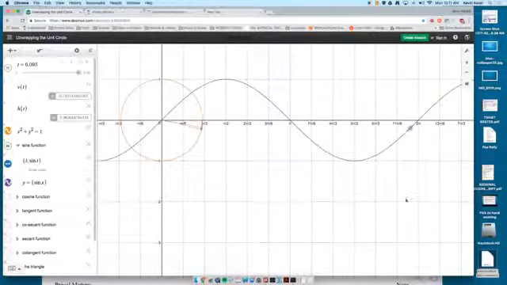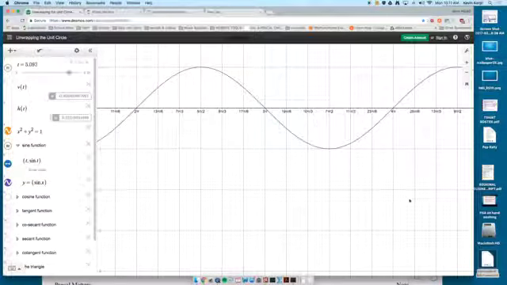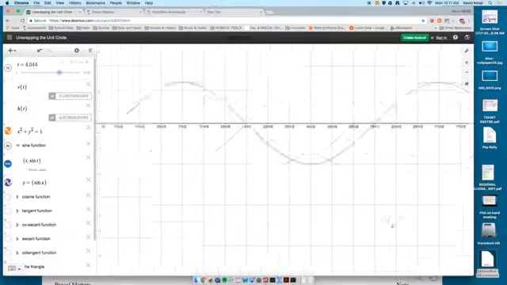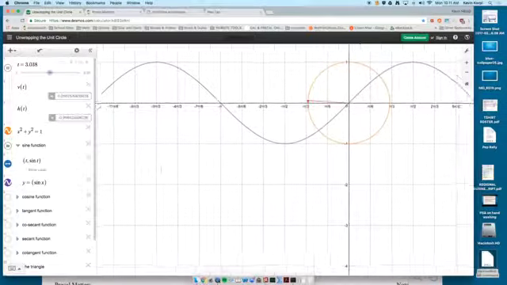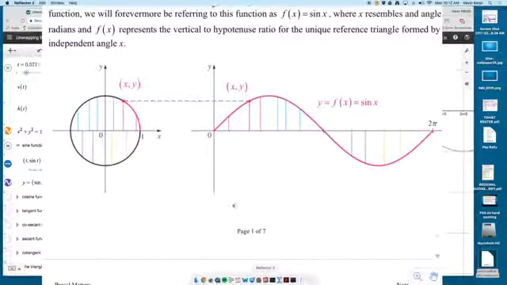And then it traces backwards. Now notice the graph continues on. 2 pi to 4 pi, there's my stamp. 4 pi to 6 pi, stamp, stamp, stamp, all the way left and right. And we can even go into negative land. So it just makes perfect sense that because the circle repeats itself every 2 pi, so do the y values. All right? So that's kind of a neat little animation there. But it's not critical for your understanding.